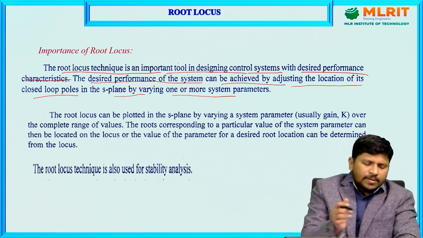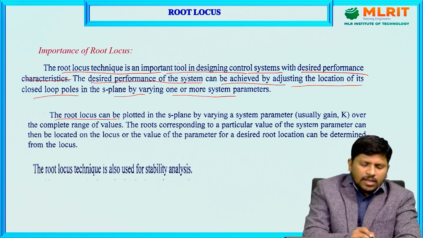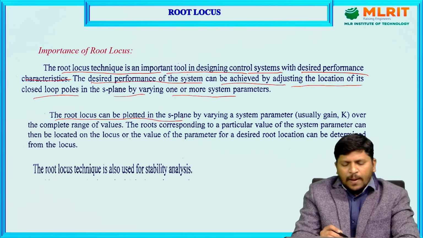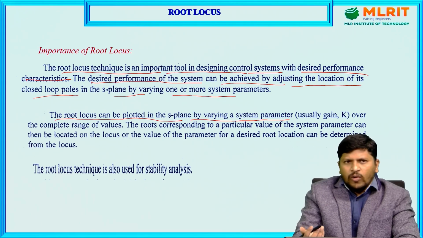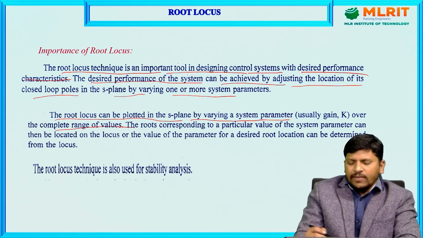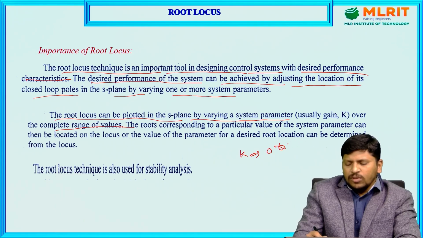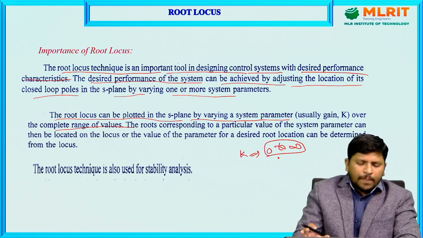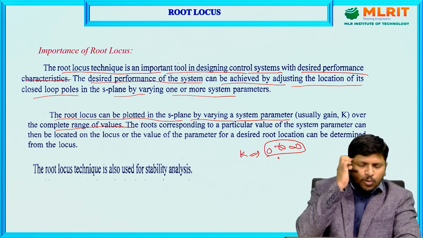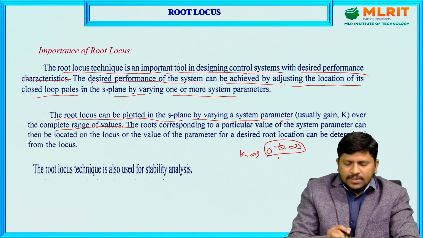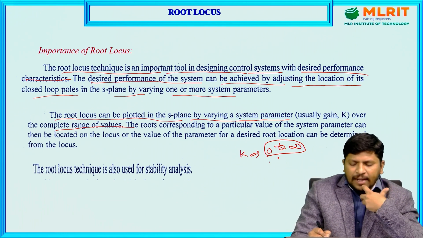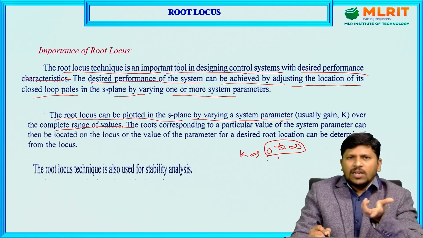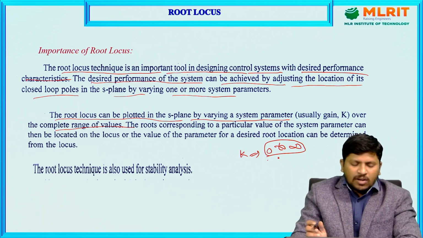And here the root locus can be plotted in the S plane by varying a system parameter, that is gain k, over the complete range of values. The k value is up to what? 0 to infinity. Any values between 0 and infinity are going to vary, and we are going to plot the root locus on the S plane by varying the parameter k, over the complete range of values of gain k.